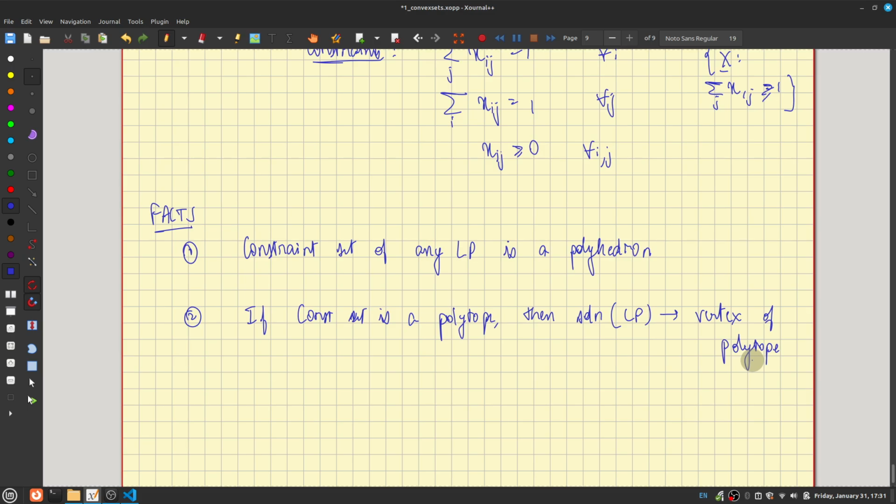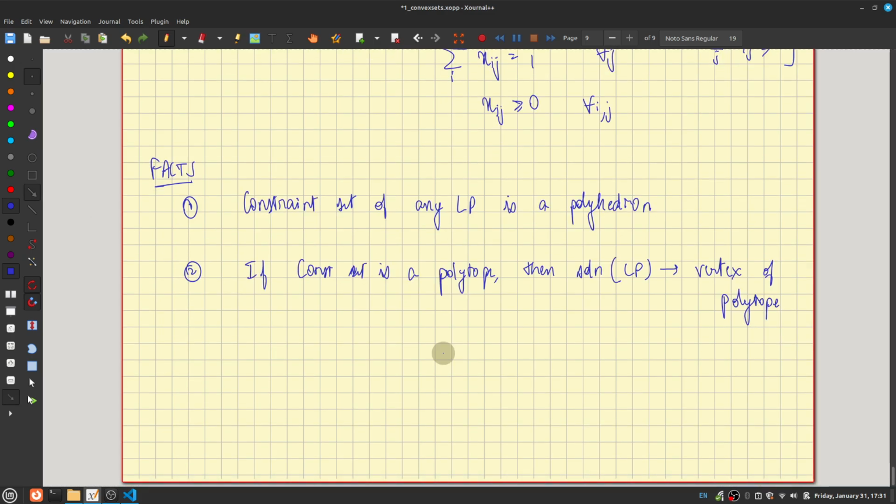So let's think about it in 3 dimensions, right? Suppose I have 2 variables, and on the z-axis I have the function value on those 2 variables. I have a bunch of constraints, right? My set of constraints gives me some polytope, which is going to be some polygon, right?